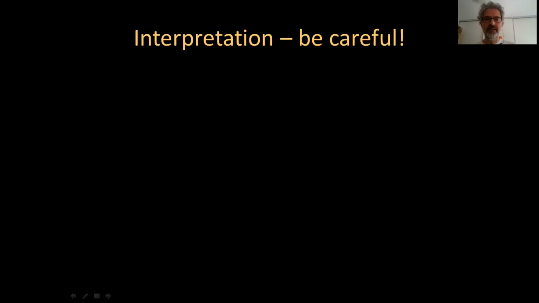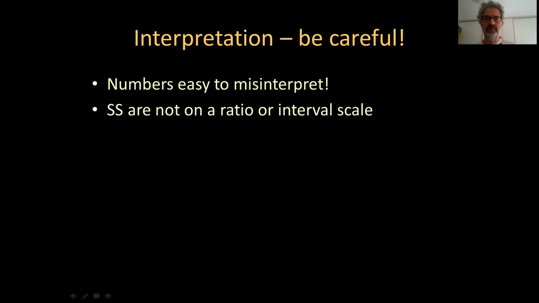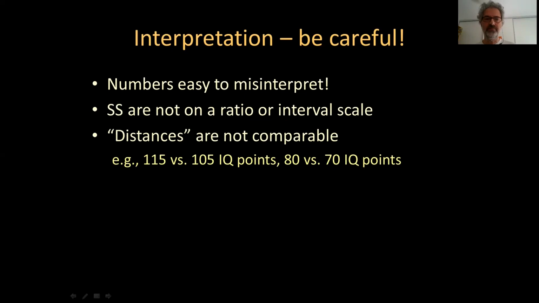We must be very careful with interpretation of test scores. Remember that although they look like numbers, they're very easy to misinterpret because they don't mean what actual numbers mean. What I mean is that scaled scores are not on a ratio or interval scale. First of all, distances aren't comparable.